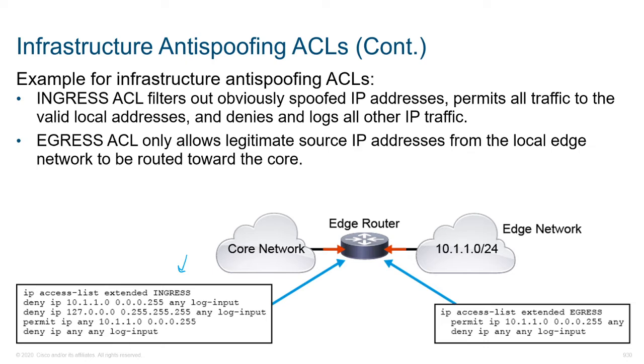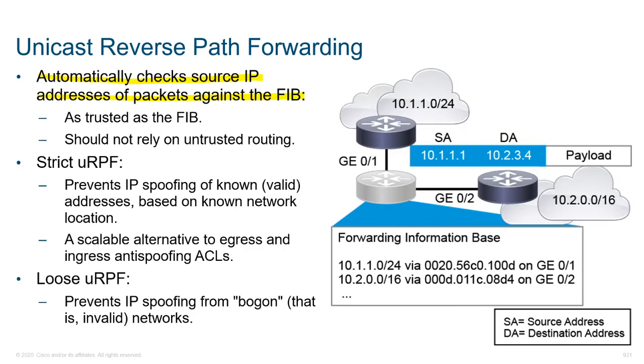And basically, all other traffic we want to go ahead and permit, and we want to log anything that's denied. Over here on the egress interface, we have traffic that should be allowed out, anything that matches the 10.1.1, and deny all other traffic.